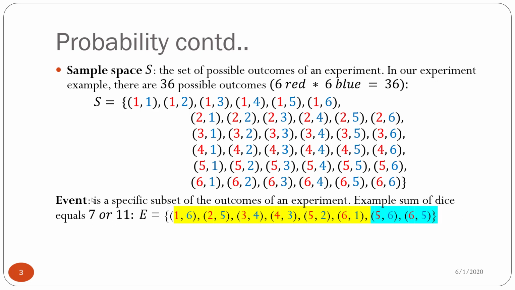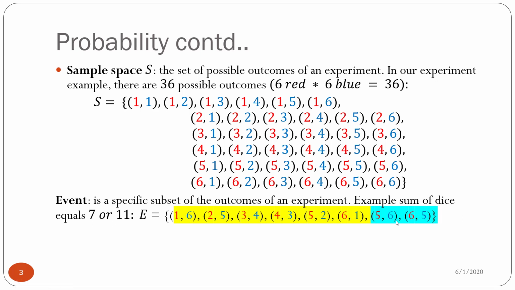Okay, so now you should see that in E, which is a set again, I'm considering all the favorable cases which are there in my event. If you pay attention, I have two sections here, one which is highlighted with yellow and the other subset which is highlighted in blue.